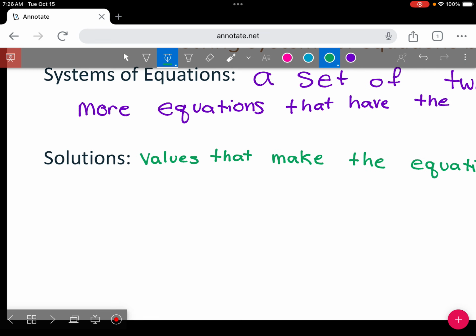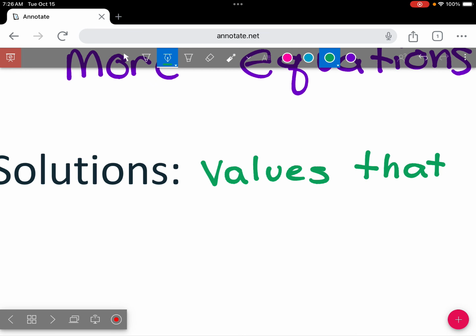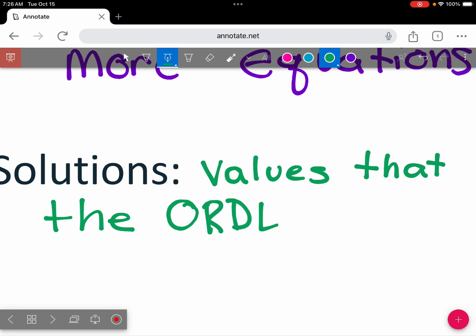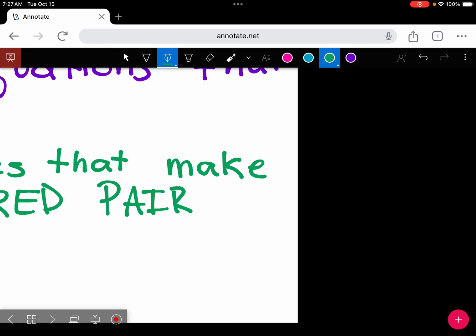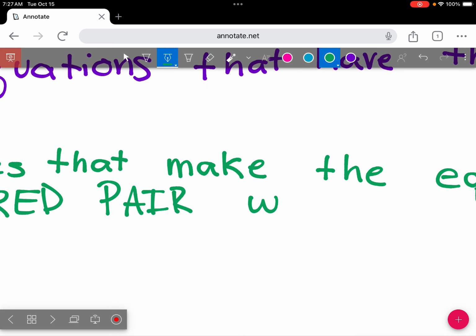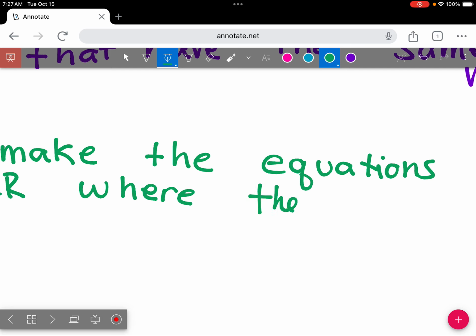That is in general what a solution is. In particular with a system of equations, it's the ordered pair where they cross.